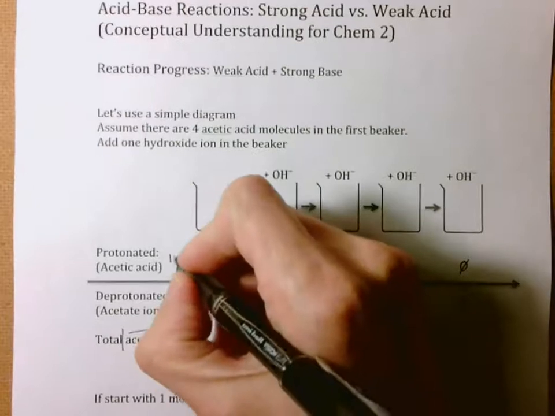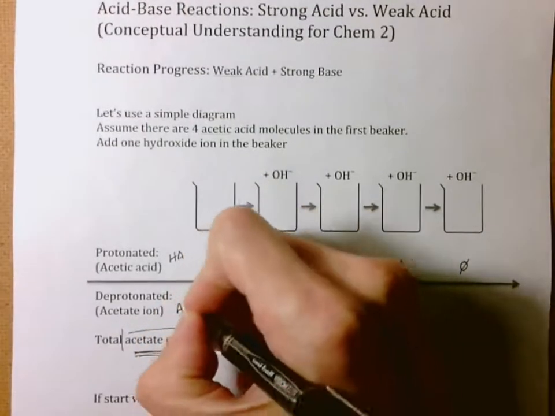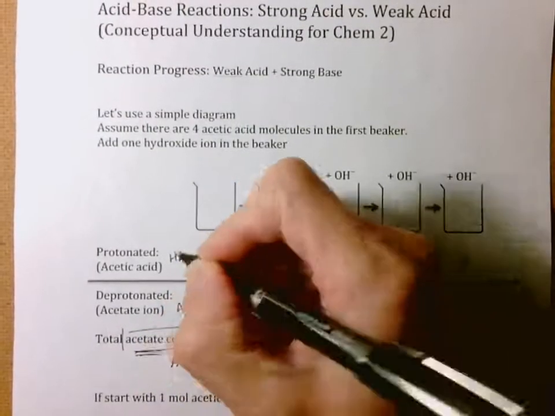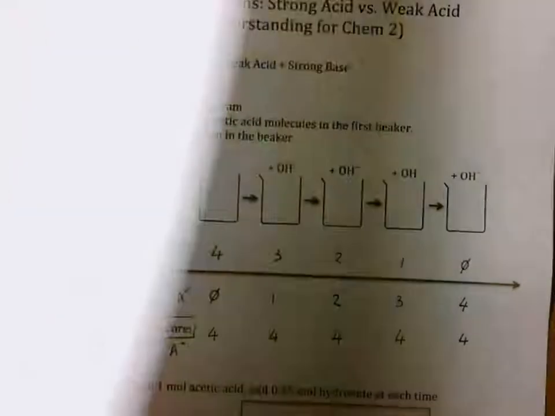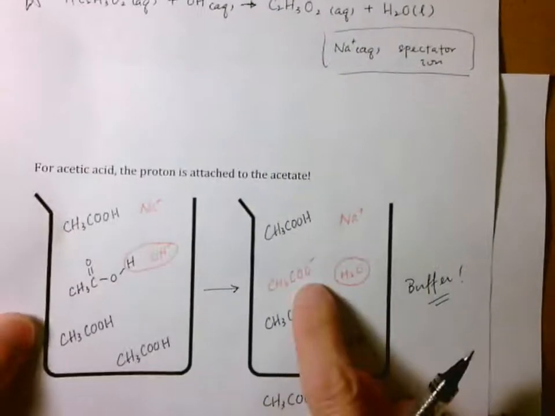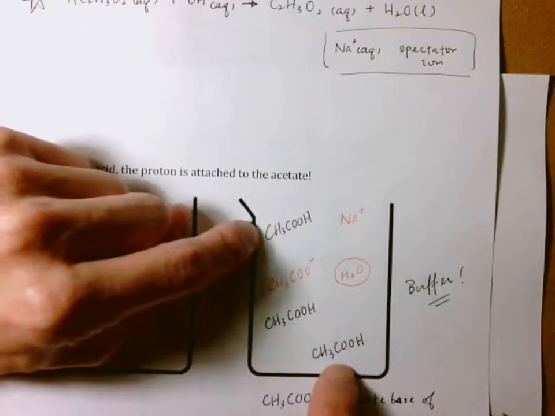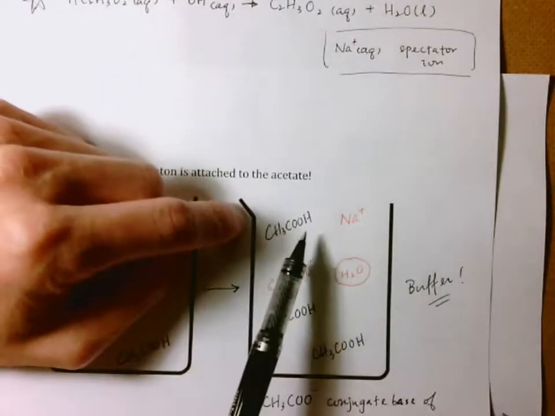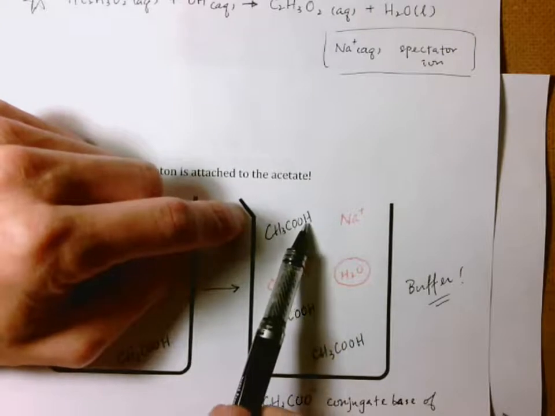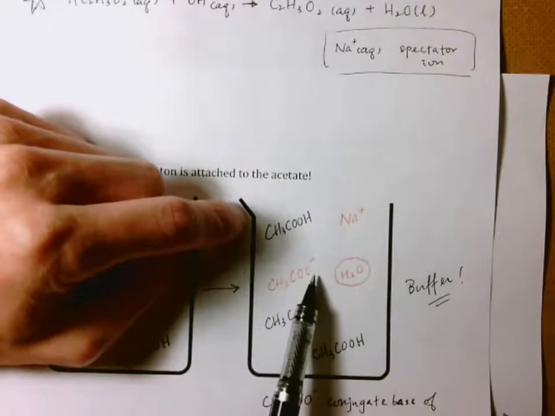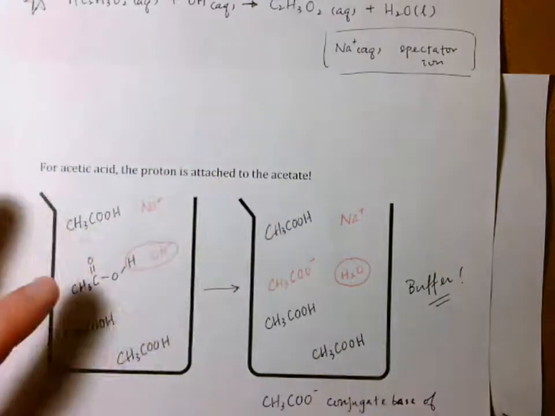So this is the HA, this is the A minus. Just to clarify the language, this is what I meant by acetate core. Every single one of them has the acetate. That core holding on to a proton is acetic acid. Not holding on to the proton, it's just acetate ion.